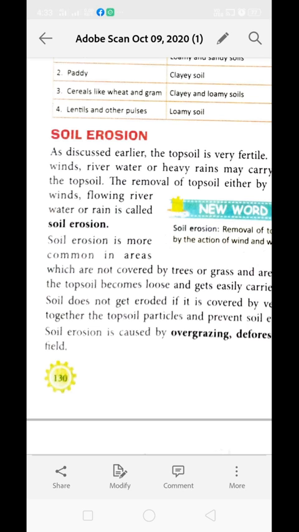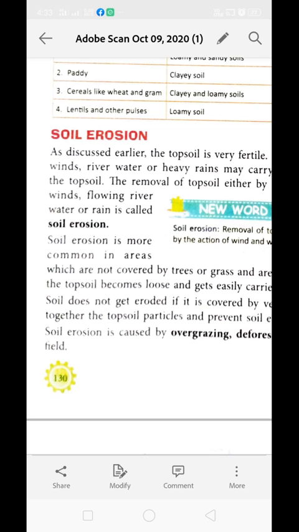Soil erosion is more common in areas which are not covered by trees or grasses and are bare. Means the area which is not having trees or grasses, this phenomenon takes place there. Why? Because the soil is loose over there to get floated away from one place to another, as there is no plant to hold the soil, no root to hold the soil.